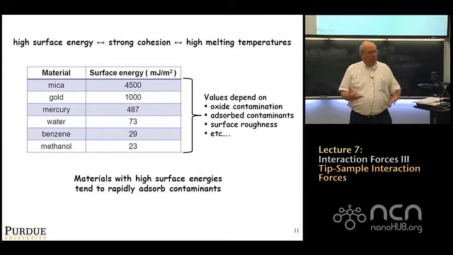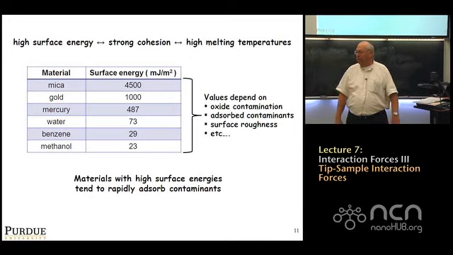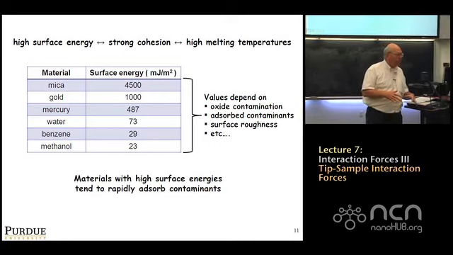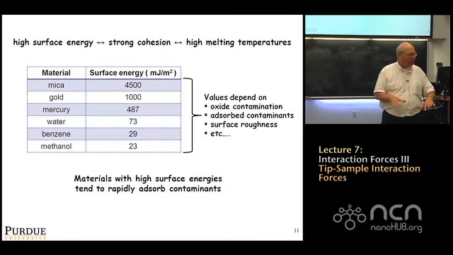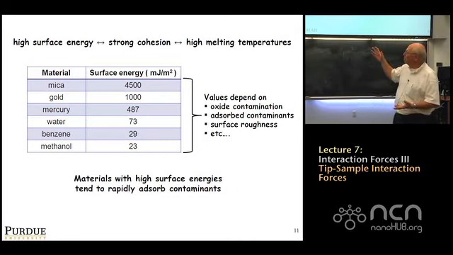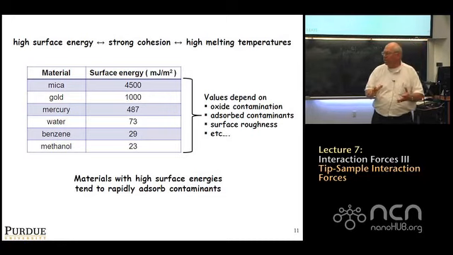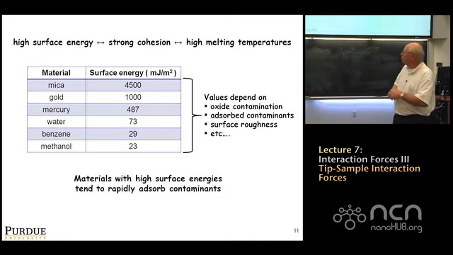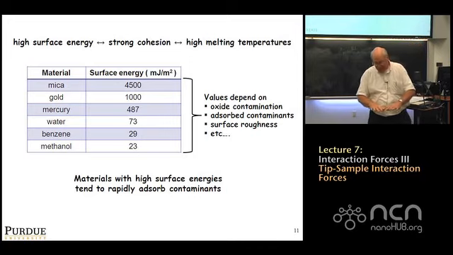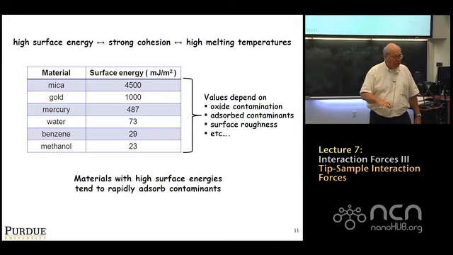So materials that have high surface energies are going to be reactive, right? Nature's always trying to get to the lowest energy state. And so, for instance, if you produce a surface of gold, which has a surface energy of 1,000 millijoules per square meter, and you let that surface of gold sit in air or sit in ambient conditions, it's going to want to adsorb hydrocarbons which have a lower surface energy onto the gold surface to lower the net surface energy.